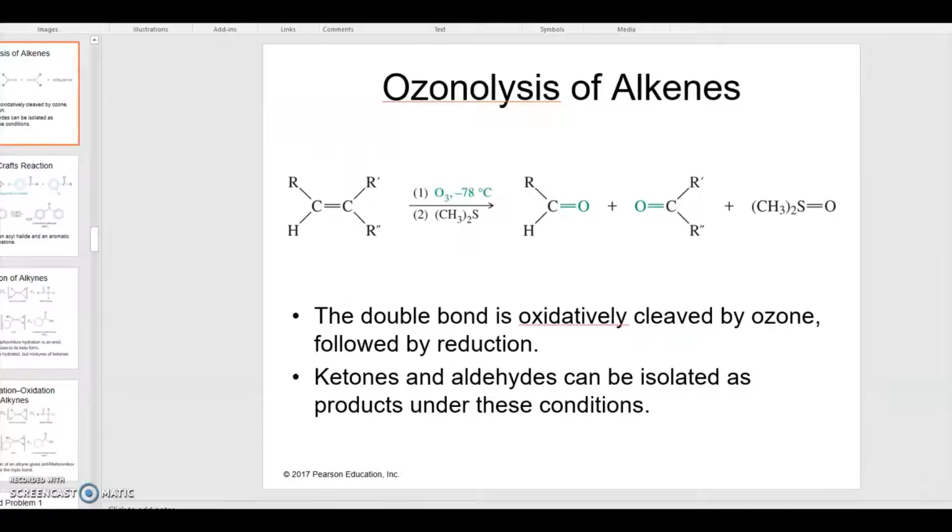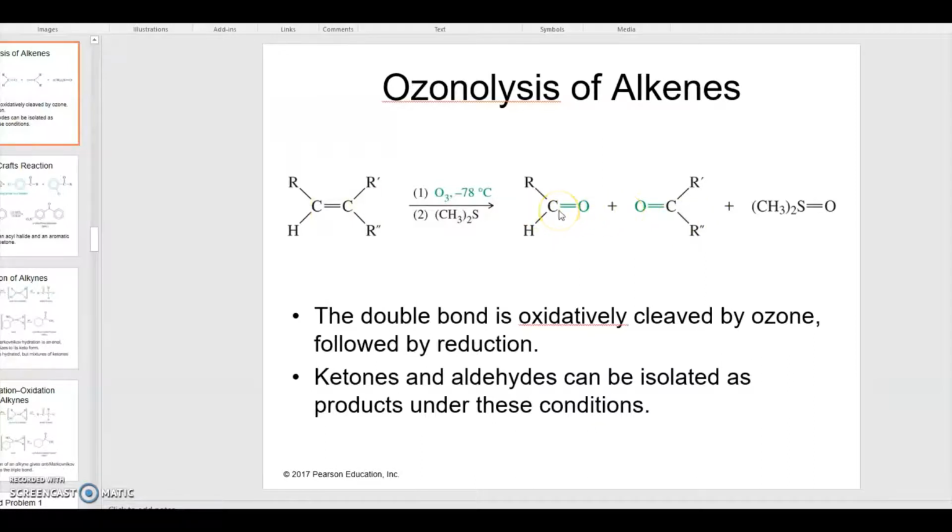Okay, this is something that we saw in the chapter that we were covering, alkenes. And this is an example of oxidative cleavage of an alkene with ozone. In this type of reaction, as you can tell, the double bond breaks down and it's going to give you these products.